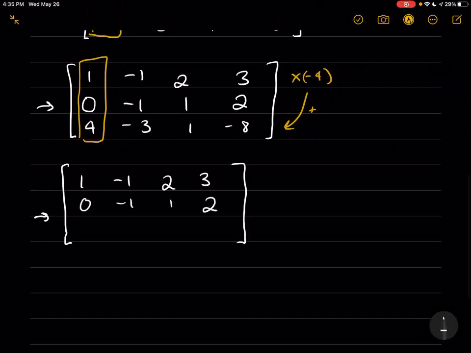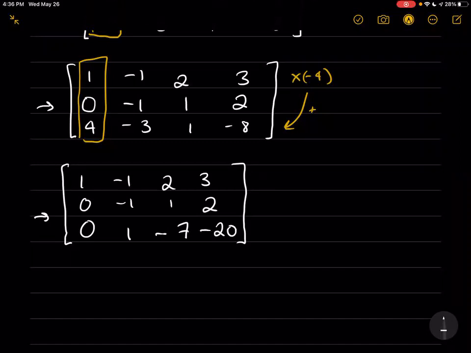In our last row, we get 1 times -4 is -4, plus 4 is 0. And then -1 times -4 is +4, plus -3 is +1. And then 2 times -4 is -8, plus 1 is -7. And then 3 times -4 is -12, plus -8 is -20.